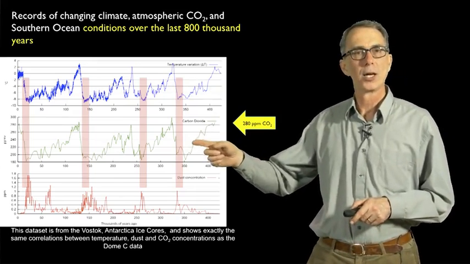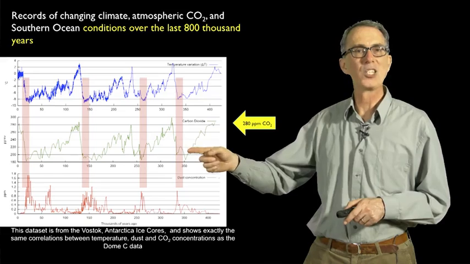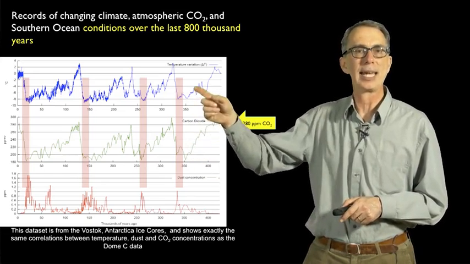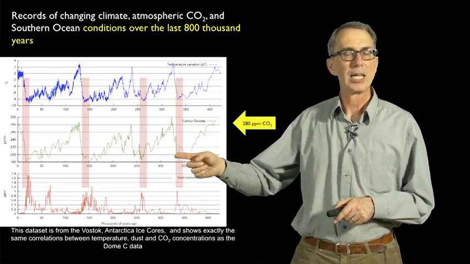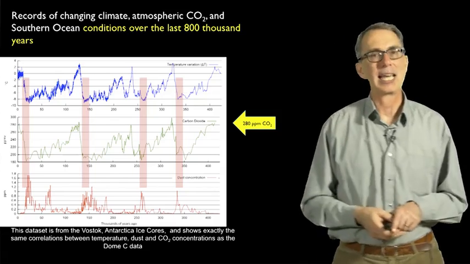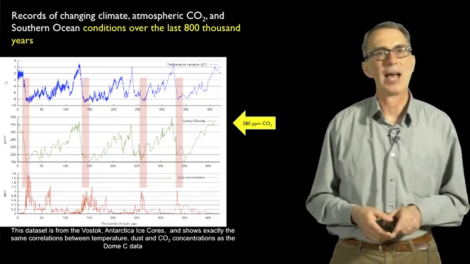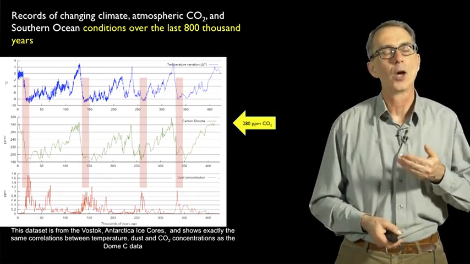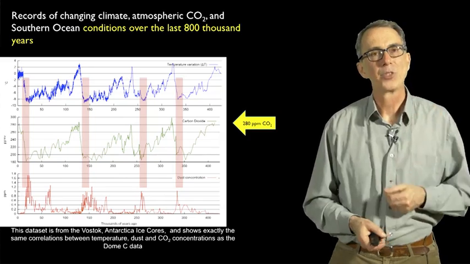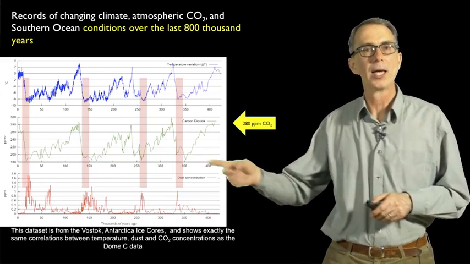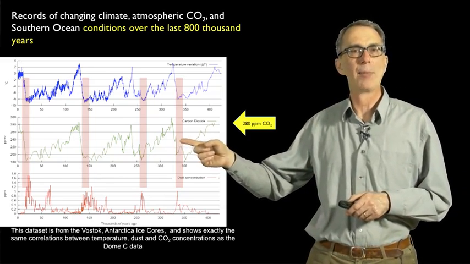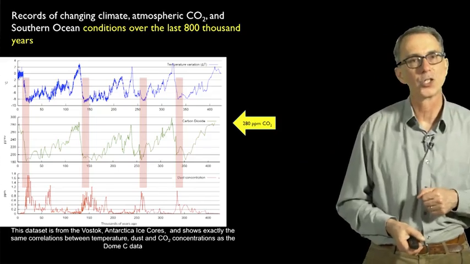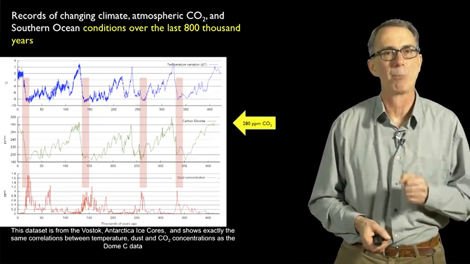But notice where these vertical bars are that there are nearly synchronous variations in carbon dioxide and temperature. In fact, in the Ice Age and interglacial cycles, which happen about every 100,000 years, and those we've said already are associated with changes in the Earth's orbit around the Sun, there are also large carbon dioxide variations. But in this case, the carbon dioxide variations are initiated by the temperature changes.